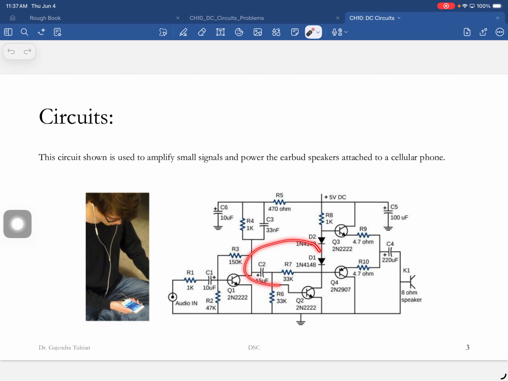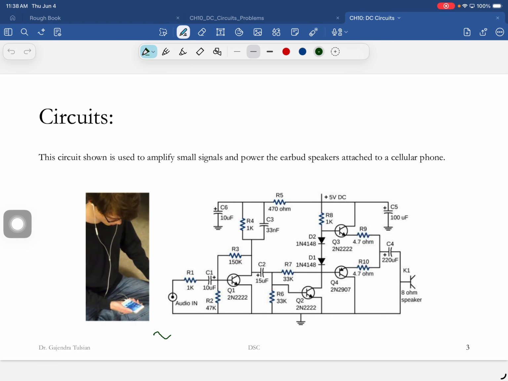This circuit is fit in there. Here's the input from your phone, and here's the output to your speaker. So what might this be doing?